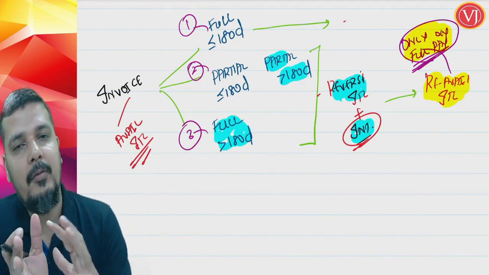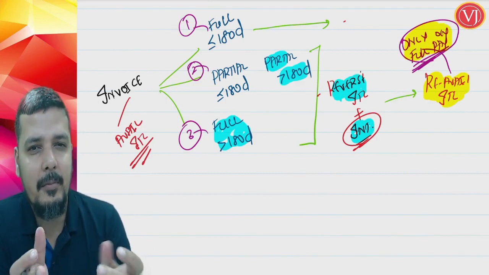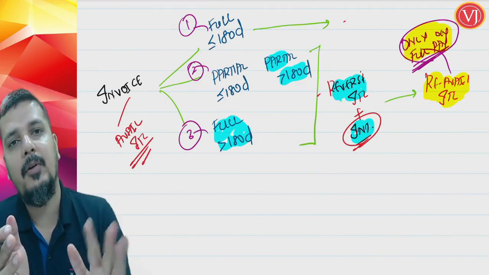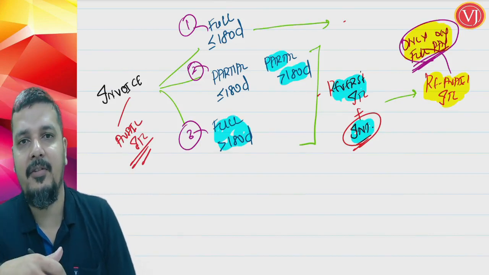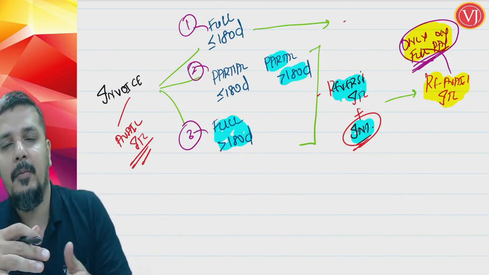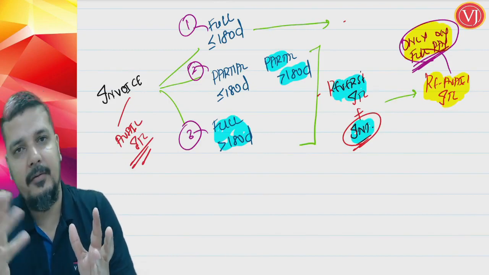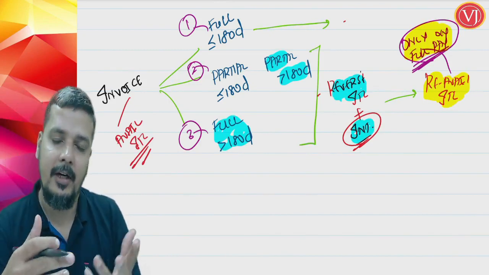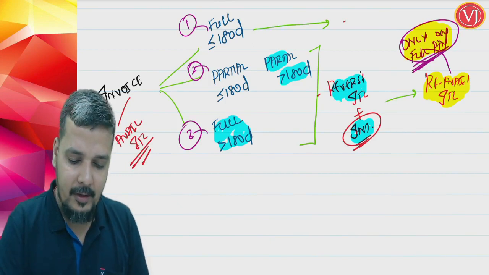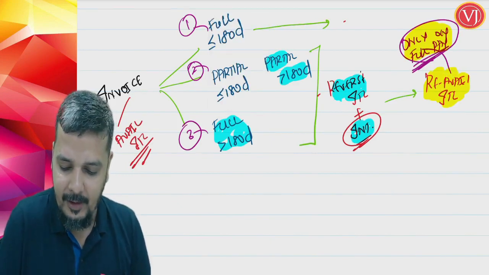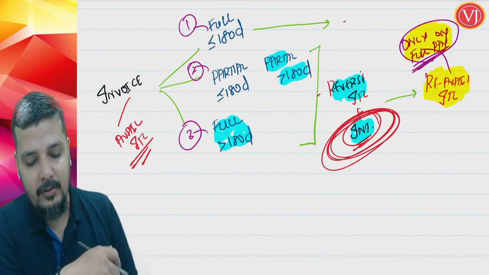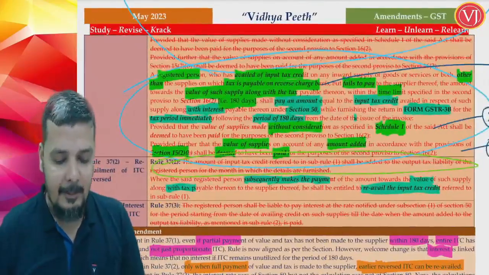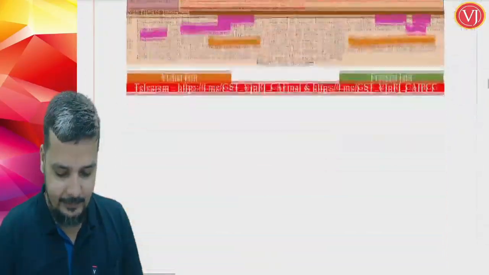They're telling that you have almost paid 90% of the value plus tax, only some 10% pending. Forget about that. You reverse full ITC with interest, calculated as per section 50. So when you pay the balance amount, whenever the full payment is made, then whatever credit was reversed, the full credit was yours, you will re-avail the full ITC, but interest paid in this entire process would be a cost. So things are very, very, very dangerous in your newly amended rule 37.